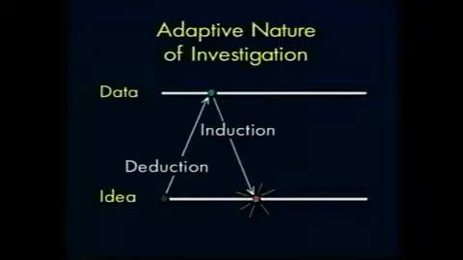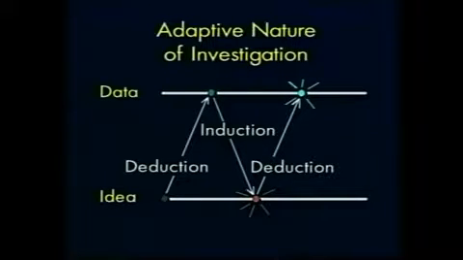This idea in turn, by a process of deduction, leads to saying, let's do a certain kind of experiment, let's get a certain kind of data and put that together. Again, it may or may not agree with what you expect. And so it's by this sort of process that an investigation moves along.